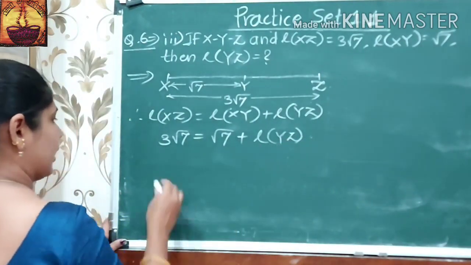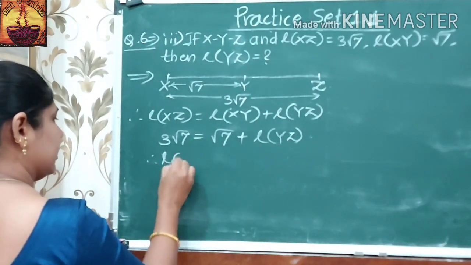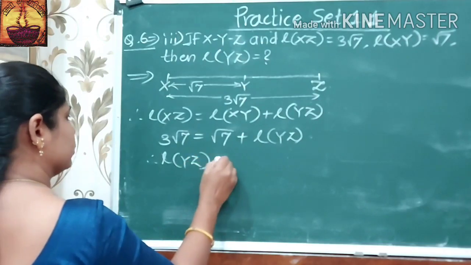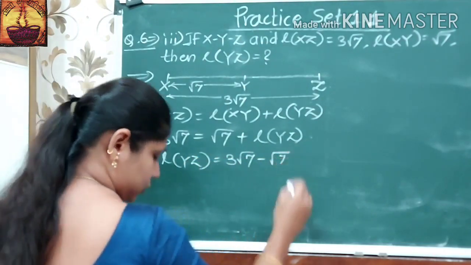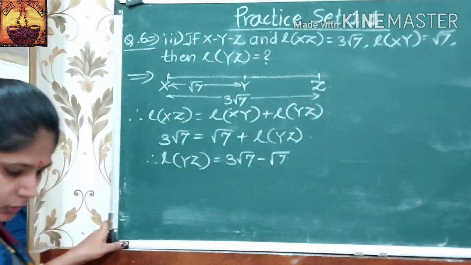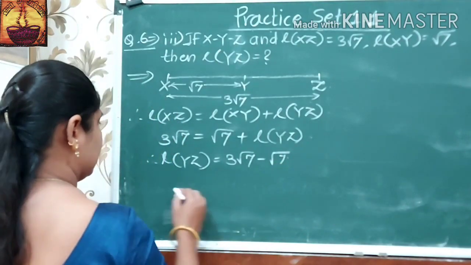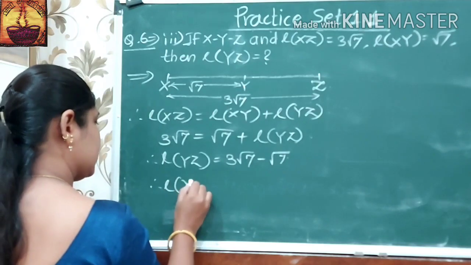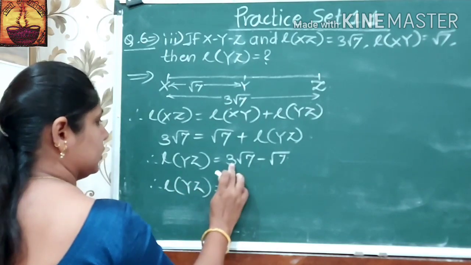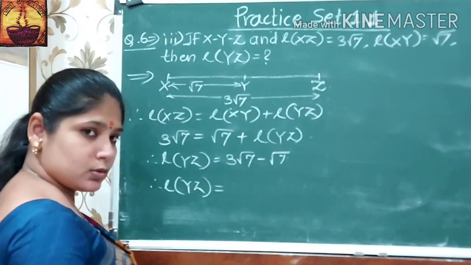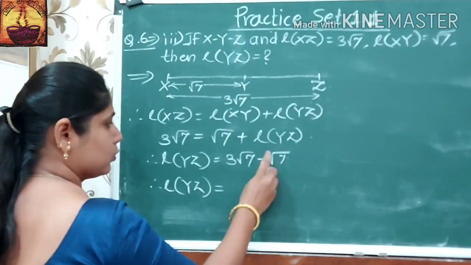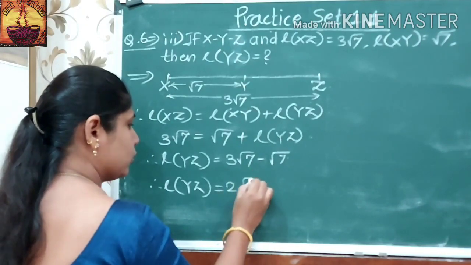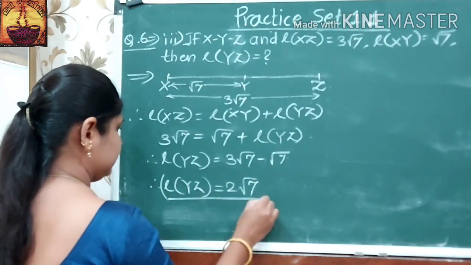For finding the length YZ, we write length YZ is equal to 3 root 7 minus root 7. Therefore, the length YZ is 3 root 7 minus 1 root 7, which is 2 root 7.